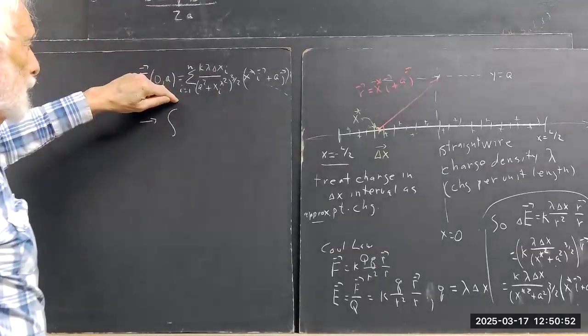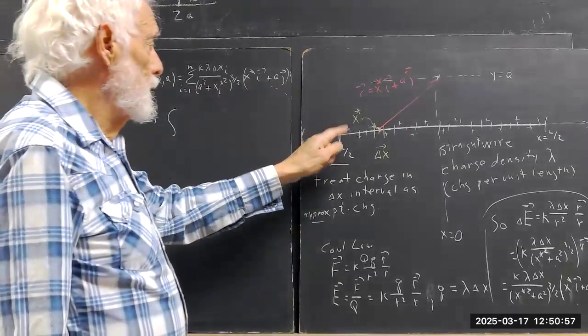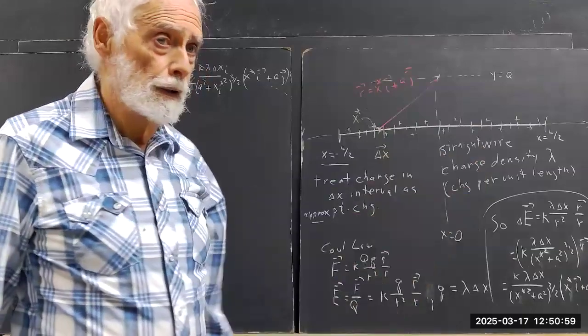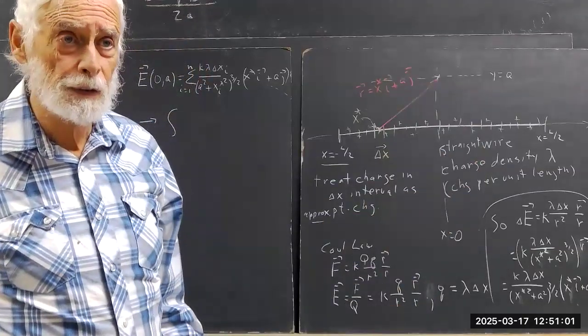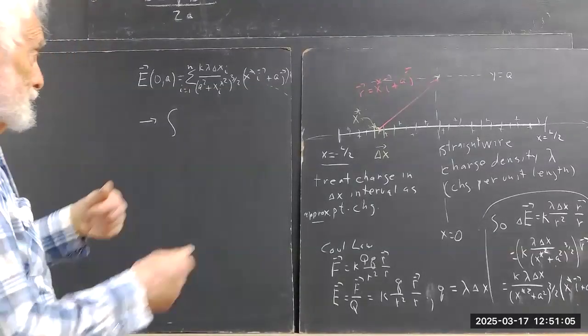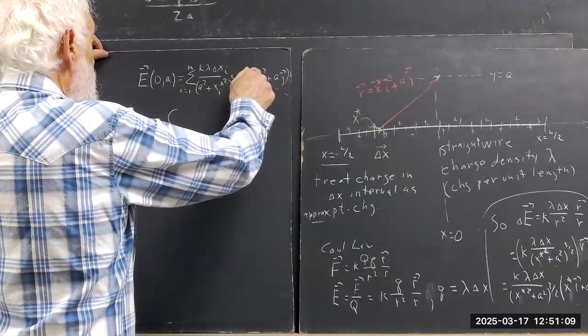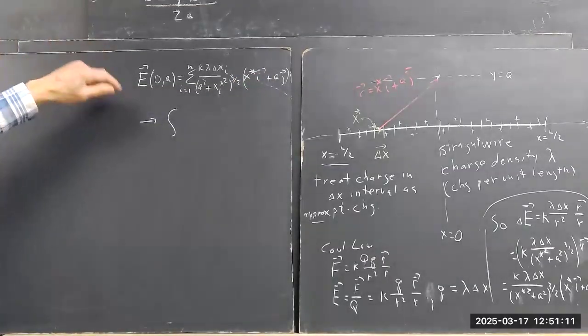So we can say the sum from i equals 1 to n, where we have interval 1 here, interval n over there. Review your basic calculus if you don't understand that, because I'm not going to have time to develop all that. I'm just going to use it.